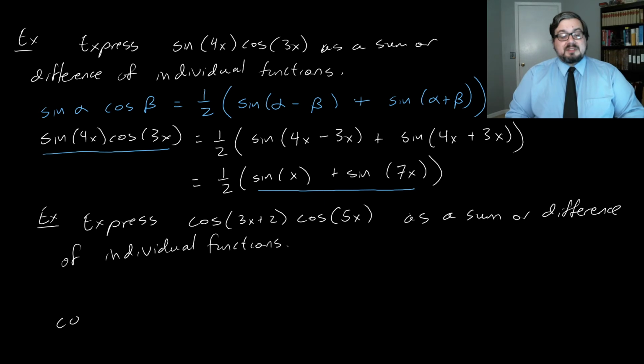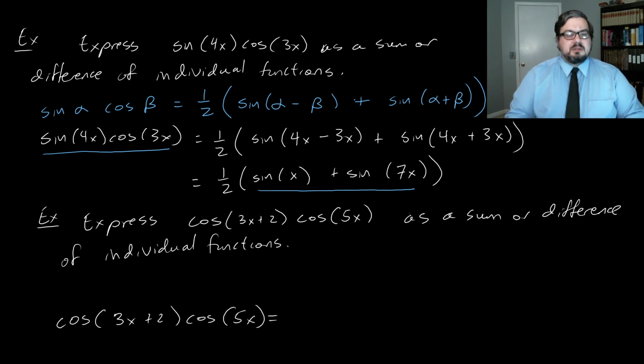Of course, we're going to follow the same thing. We've got cosine of some angle. The fact that it's an algebraic expression doesn't make any difference. Times cosine of some other angle. And we're going to write that using the formula from before.